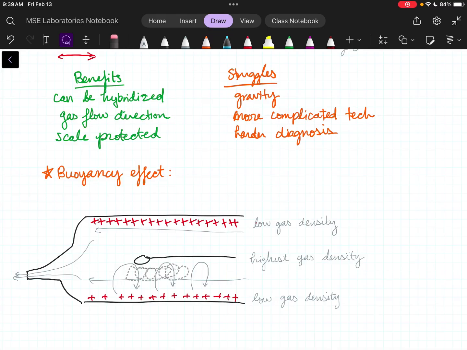And it's not going to be crazy high, but it is high relative to the stuff that's being heated right at the walls. The stuff at the top is low density, and it's on top of the high density stuff. So in this setup, the top half is just fine. Everything's really stable. But this higher density gas is going to want to travel downward, and at the bottom, the low density gas is going to want to travel upward.